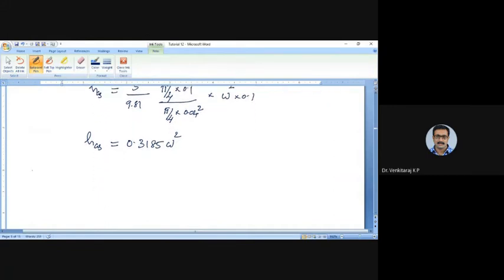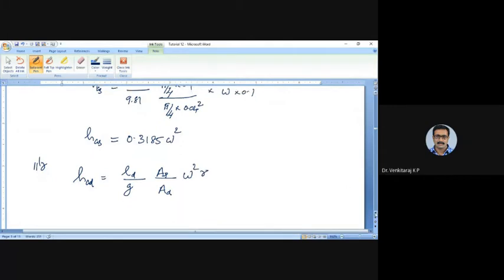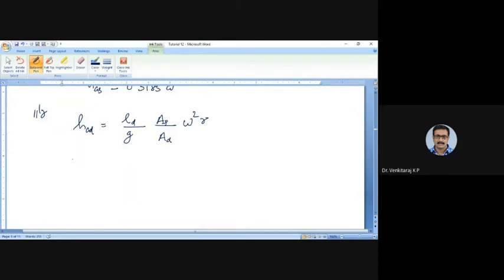Similarly, I can write HAD as equal to LD by G into AP by delivery pipe area AD into omega square R. This is equal to length of the delivery pipe, 20 meter, by 9.81 into pi by 4 into 0.1 square, by pi by 4 into 0.03 square, into omega square into 0.1.